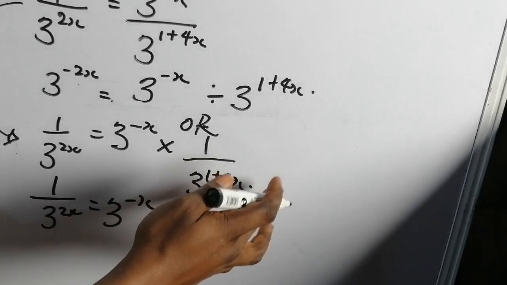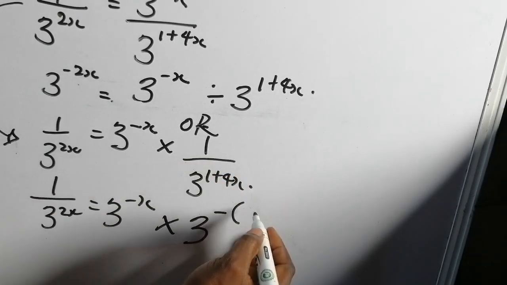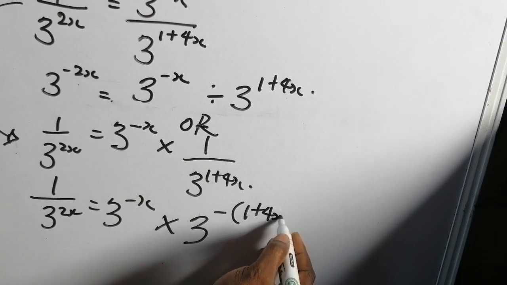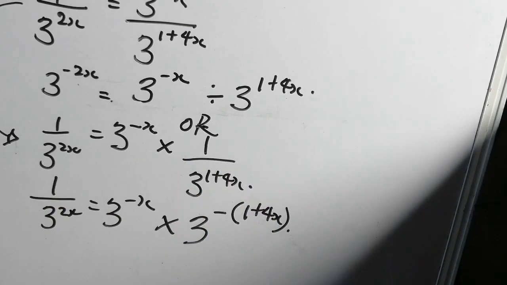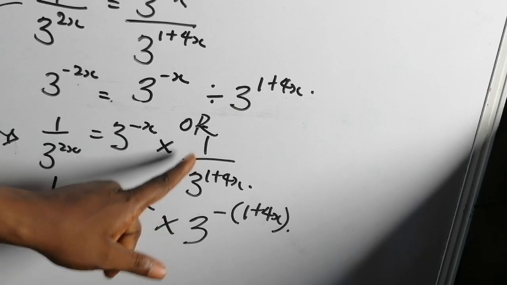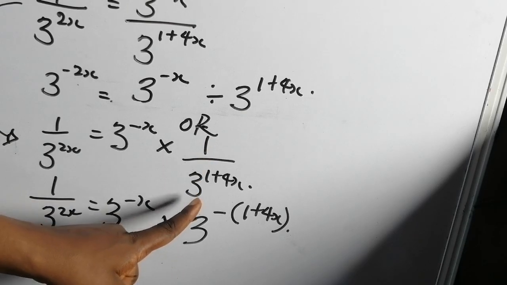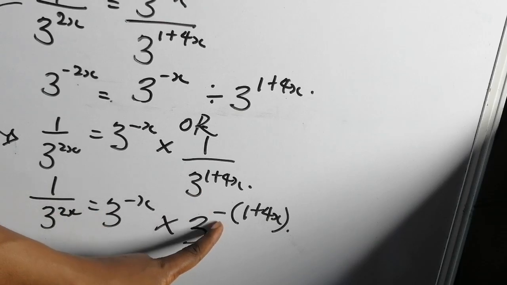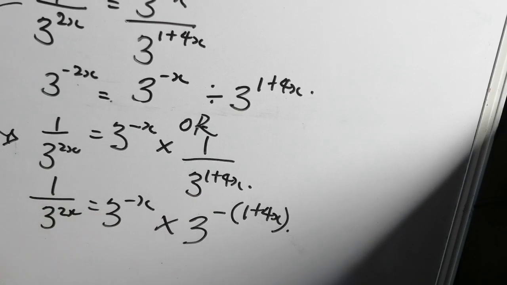This minus must multiply through the bracket, that's minus 1 plus 4x. It's as simple as that. So you have 3 raised to minus x times, instead of writing 1 all over 3 raised to this, I can change it to minus this.